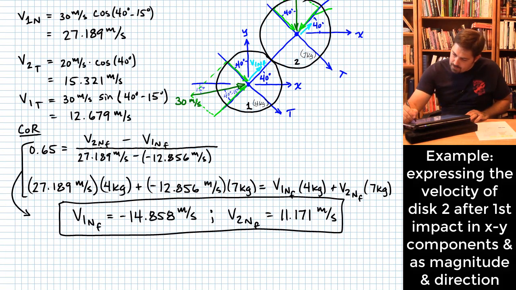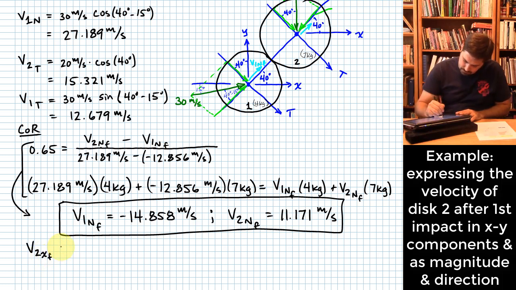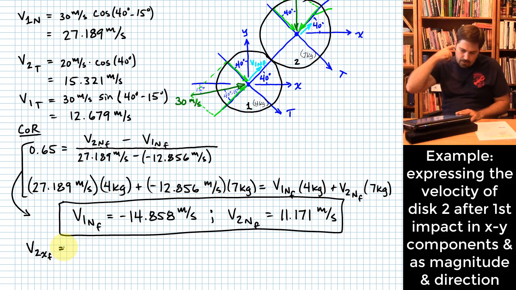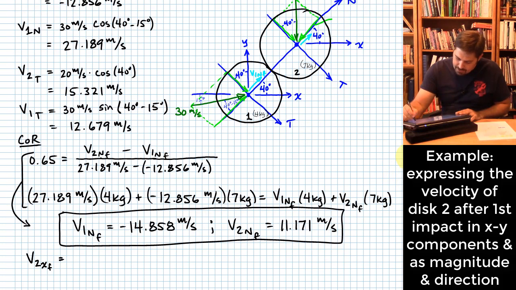So, my final velocity of disk 2 in the x direction, I have whatever my tangential component was to begin with, which was 15.321 meters per second.